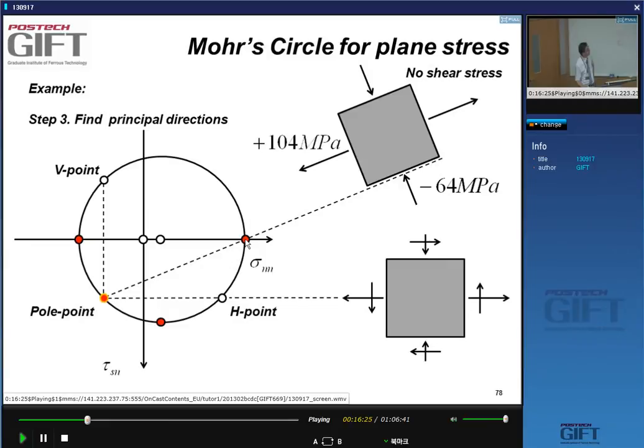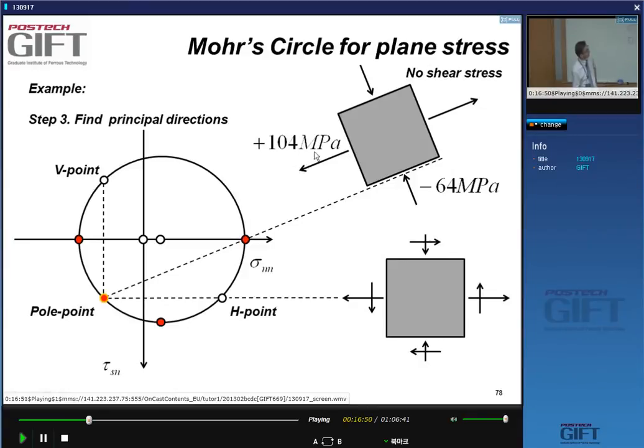because this condition of stress, I find a normal stress in the x direction of 104 and in the y direction of -46. So these are given by these two red points. And there are no shear stresses.